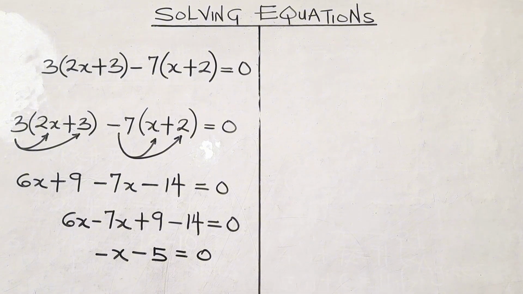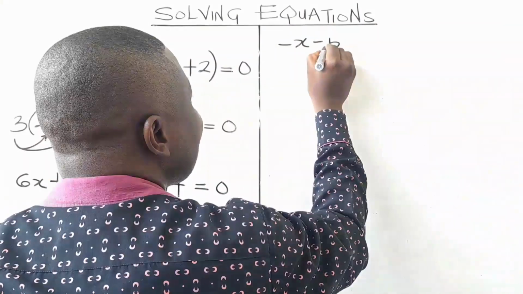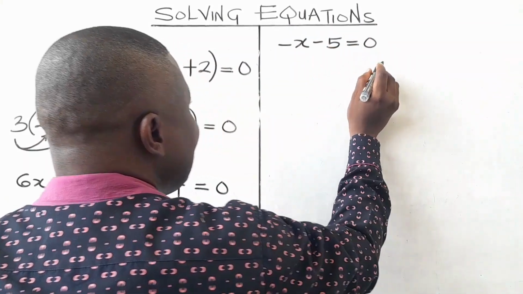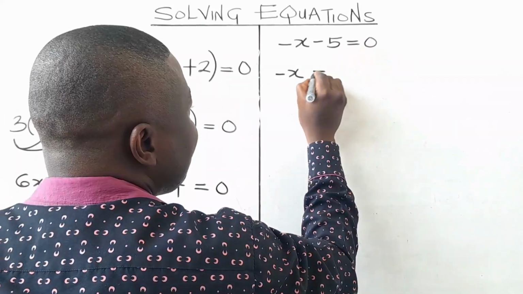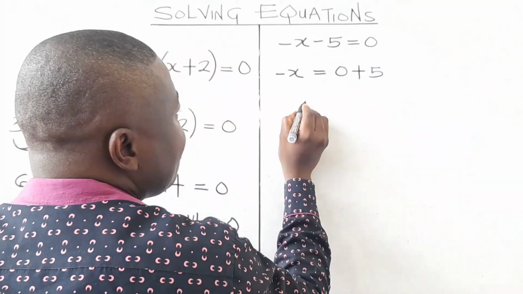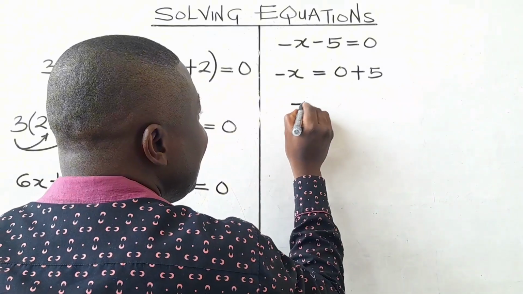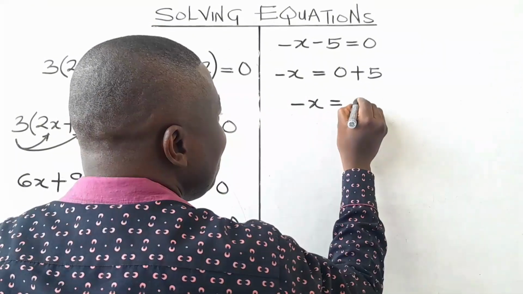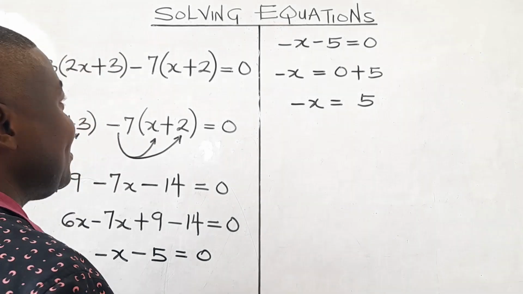Come over to the other side of our board. This is negative x minus 5 equal to 0. The additive inverse: this is 0 plus 5. Remember, you can just say this negative 5 when it goes becomes positive 5. Negative x equals 5. You divide both sides by the coefficient of x.